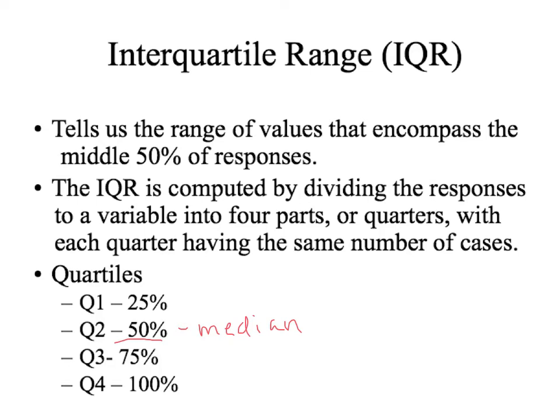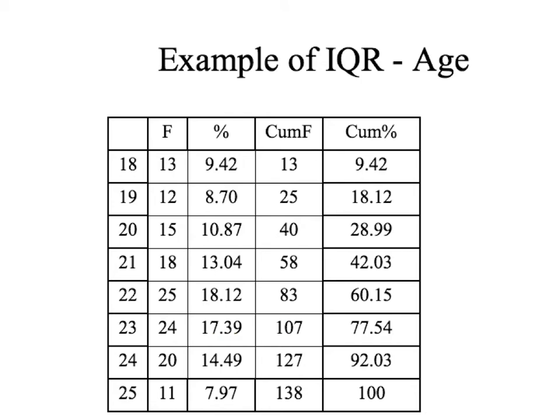So how do we find those quarters and calculate the interquartile range? We're going to do this by looking at a frequency distribution. So here we have an example for age. We have our categories going down the side, and then we have our frequencies, our percents, cumulative frequency, and then cumulative percent.